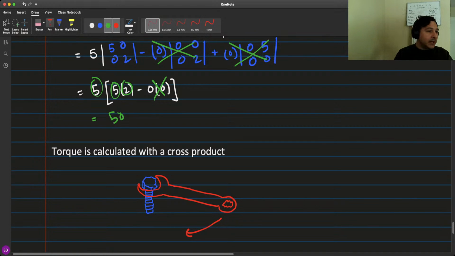So, we're going to draw this as some vectors. When you turn it, you're applying a vector of force here.